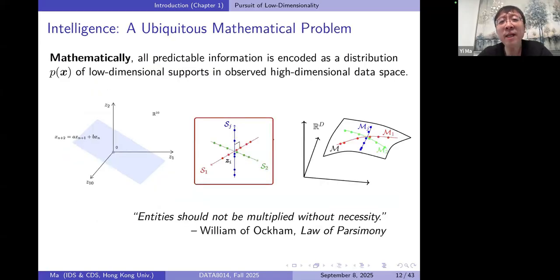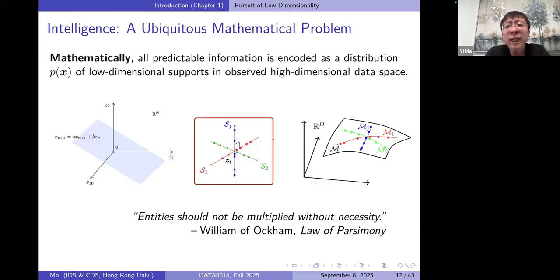Now, mathematically, for intelligence, in terms of memory, in terms of learning what's predictable, what's correlatable, a universal, ubiquitous mathematical property is that all predictable information we try to learn can be encoded as a distribution. Data is distributed on a low dimensional support.